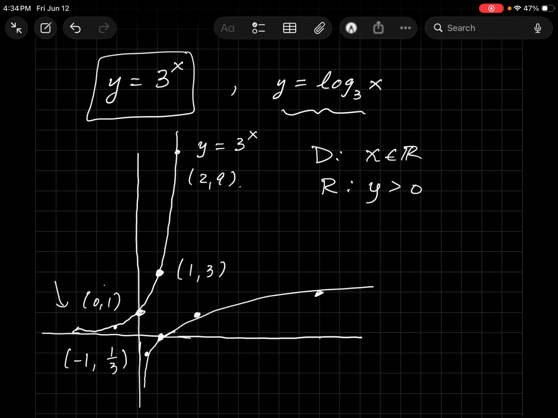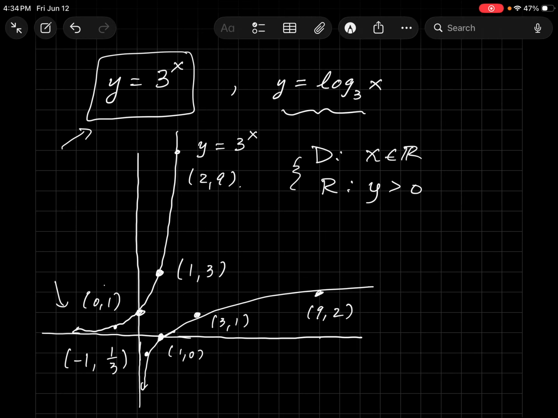And my logarithmic graph will have a vertical asymptote. So whereas the exponential y never equals 0, it's always positive, for my logarithmic graph, x never equals 0, it's always positive. So I'll plot some of these points. This is my logarithmic graph, where I switch the x's and the y's.